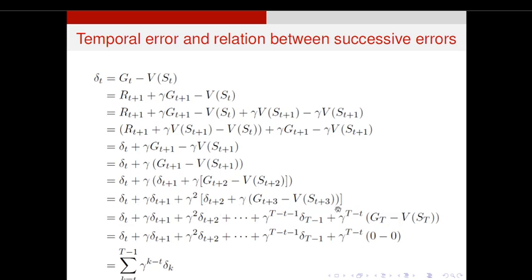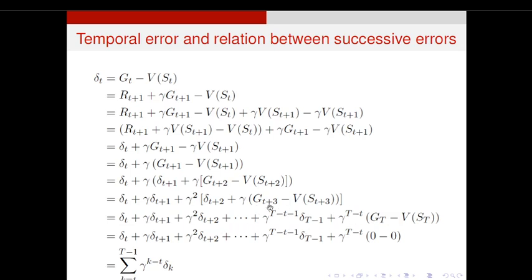I can resubstitute it. When I continue like this, I get an expression in terms of powers of gamma: gamma raised to 0, that is 1, into delta t, plus gamma raised to 1 delta t+1, plus gamma square delta t+2, and so on up to gamma raised to T minus t.